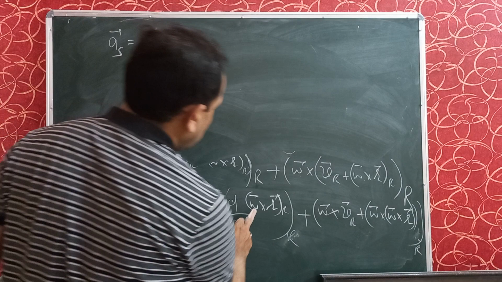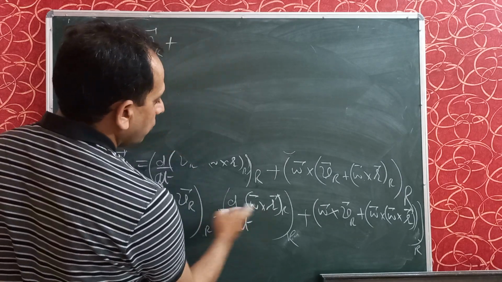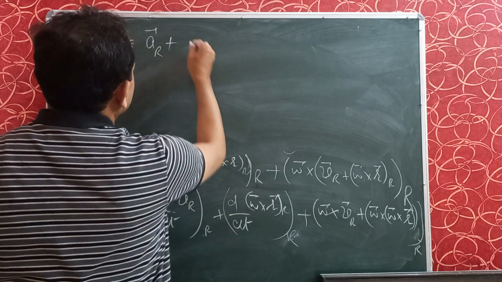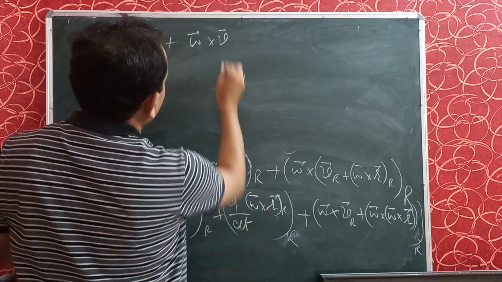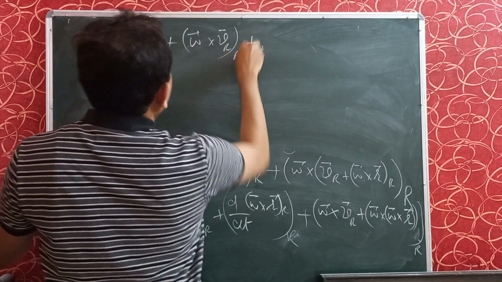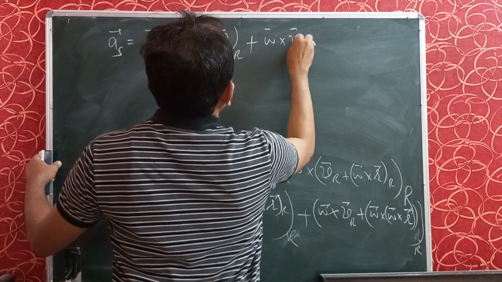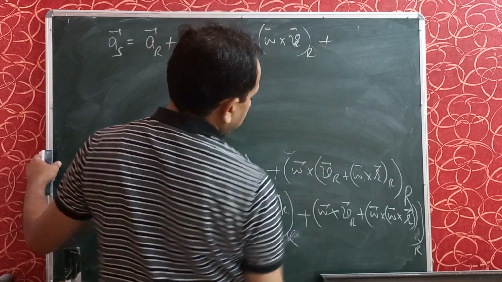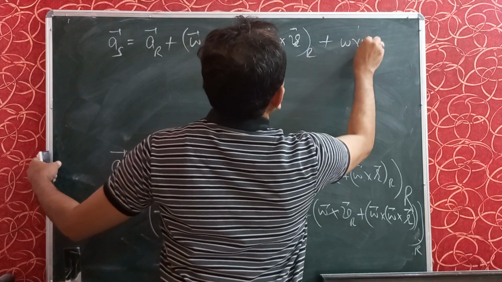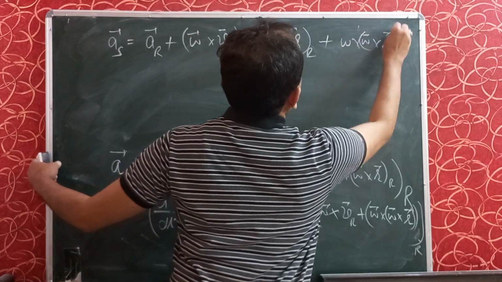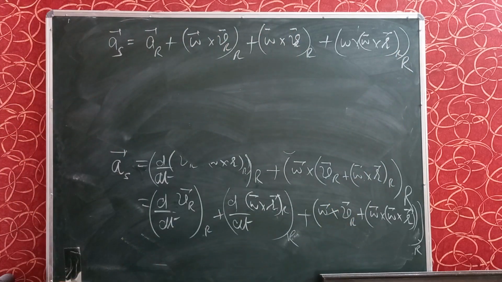Omega is constant, so the derivative of omega cross r is omega cross velocity in the R frame, plus omega cross Vr, plus omega cross omega cross r in the R frame. This is the right hand side.